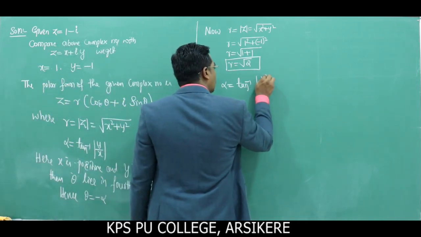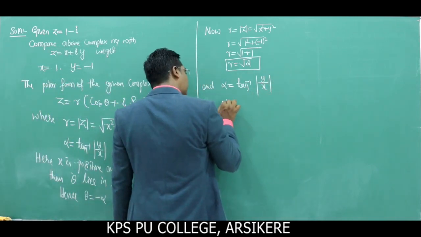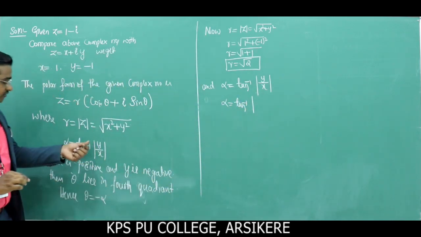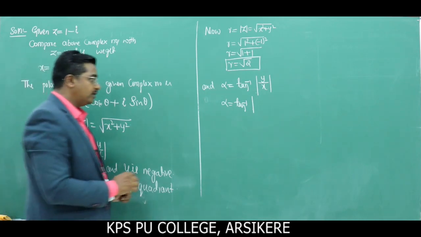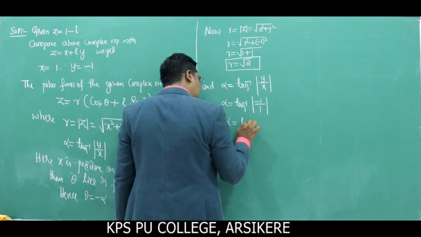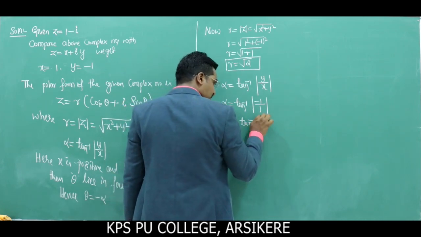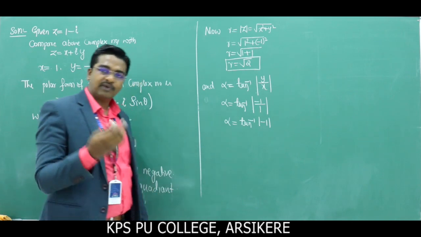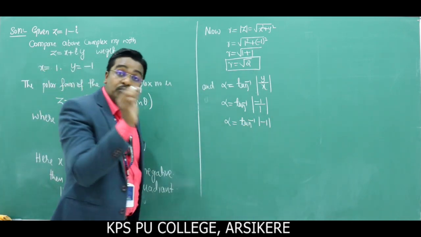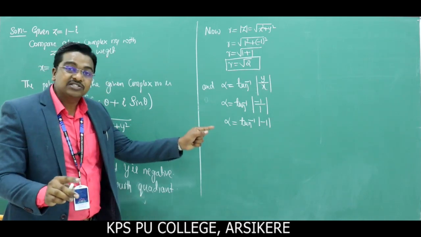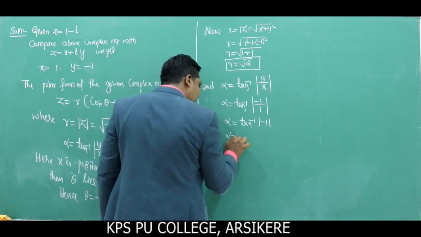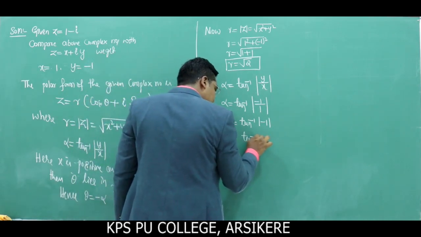The y value is minus 1 and x is 1, so the modulus of minus 1 divided by 1 is again minus 1. When we remove the modulus, minus 1 reduces to positive 1. Therefore alpha is equal to tan inverse of 1.